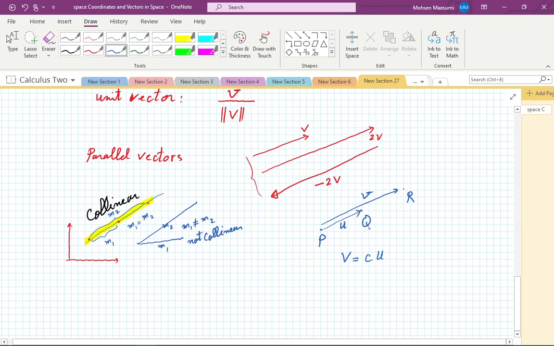If it so happens that one vector is a multiple of the other one, then you know that they are parallel, and therefore they are all going to line up.